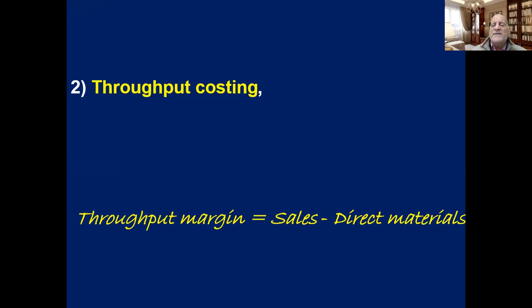All other manufacturing costs are ignored because they are considered fixed in the short run. So we can say that throughput margin equals sales minus direct materials, only direct materials.